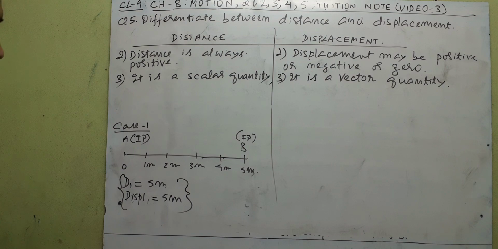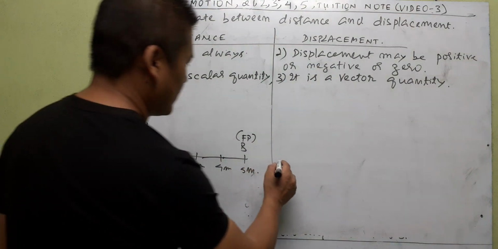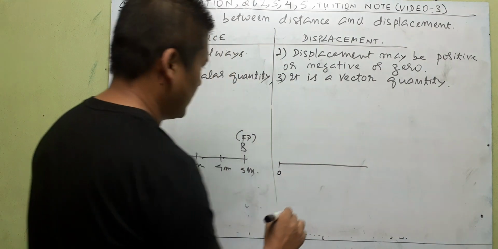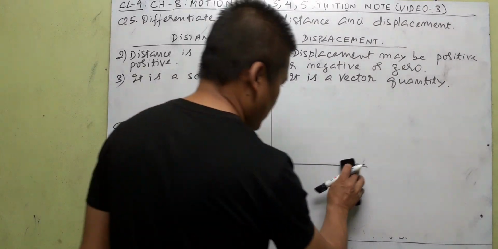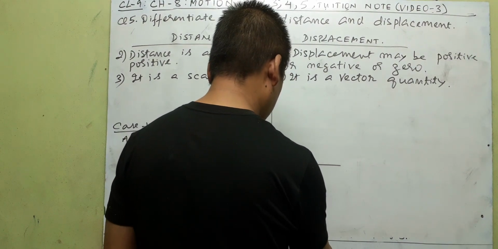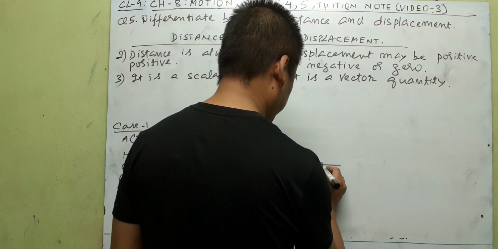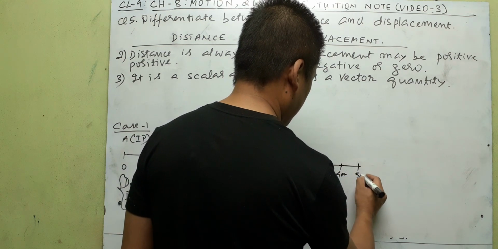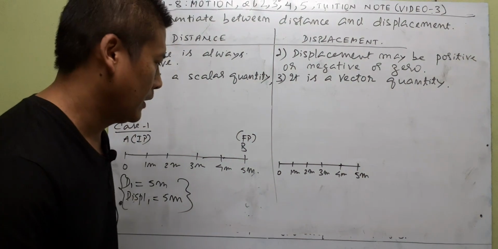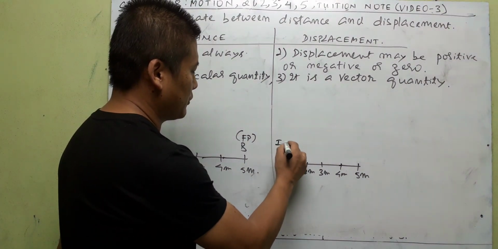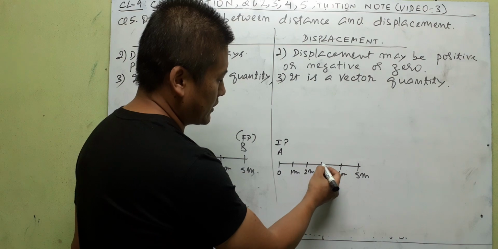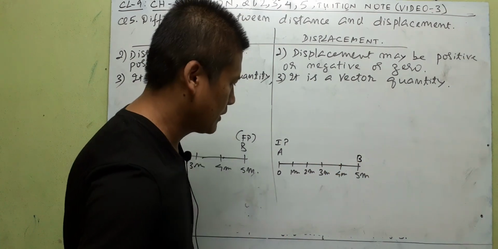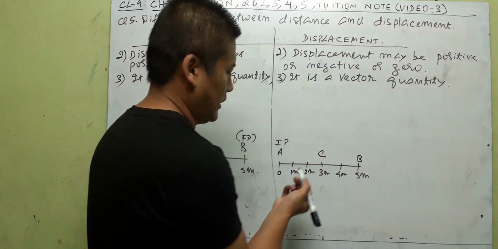Now let us take case 2, and case 2 is again like this. Let us say 0. Okay, and then let us make it shorter so we have spaces. 1 meter, 2 meter, 3 meter, 4 meter and 5 meter, let us say. Again, his starting position is this one, initial point, and then he reached B, and then his final point, he reached here, let us say.